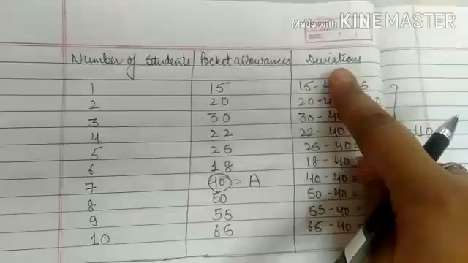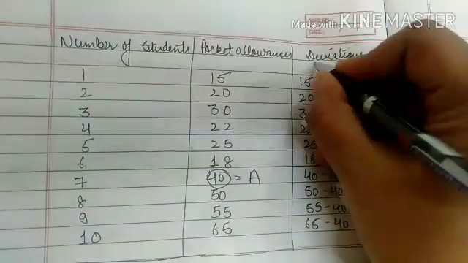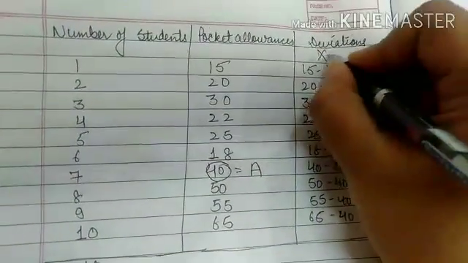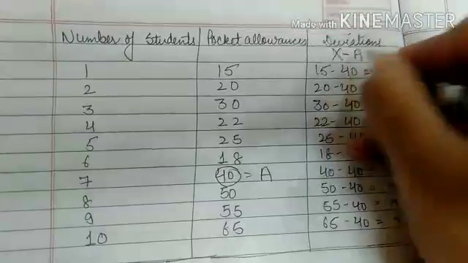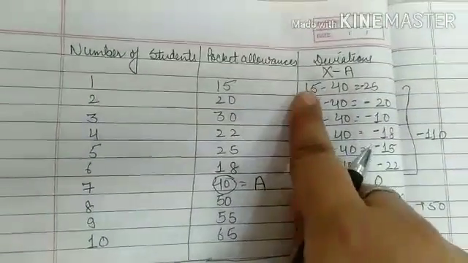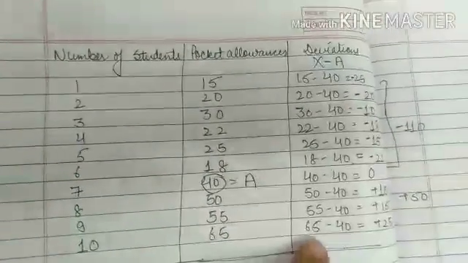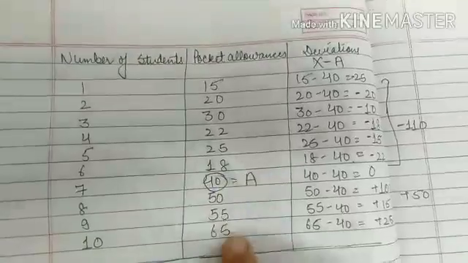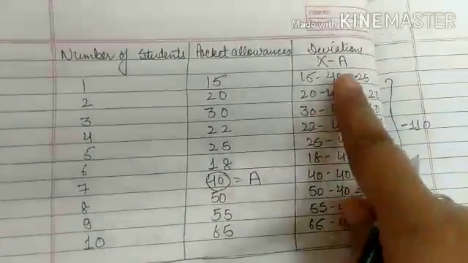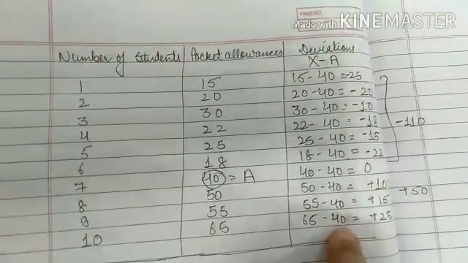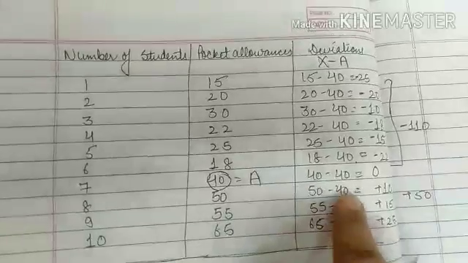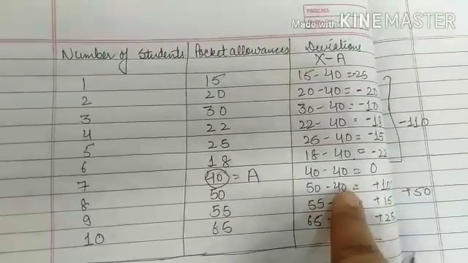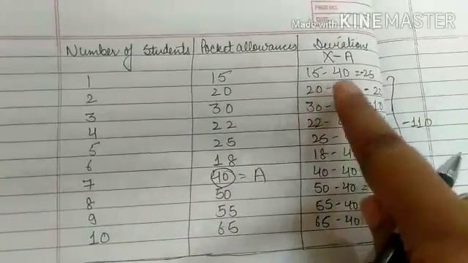First we have to find the deviation, that is X minus A. These are our X values given here, and we find the deviation by subtracting A from X.